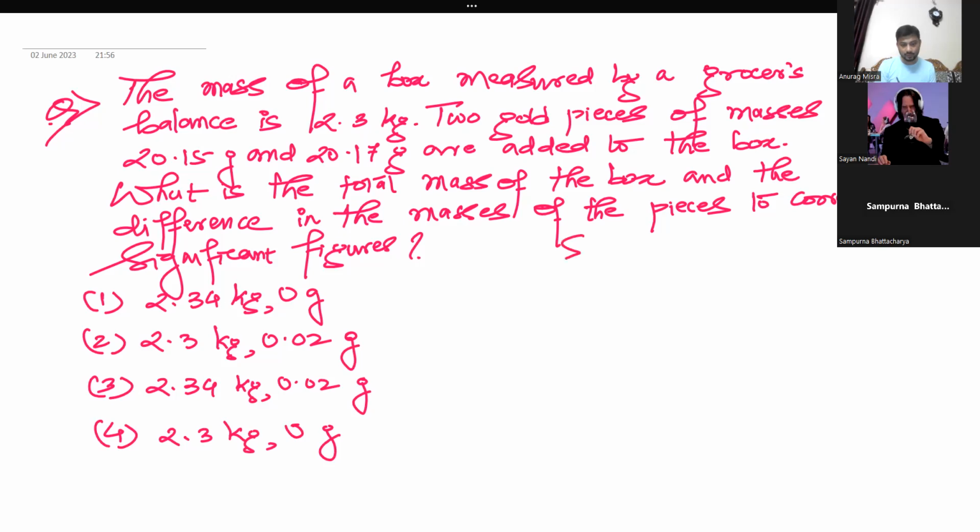Okay, this is a question from a previous exam. Use the rules for addition and subtraction using significant figures.